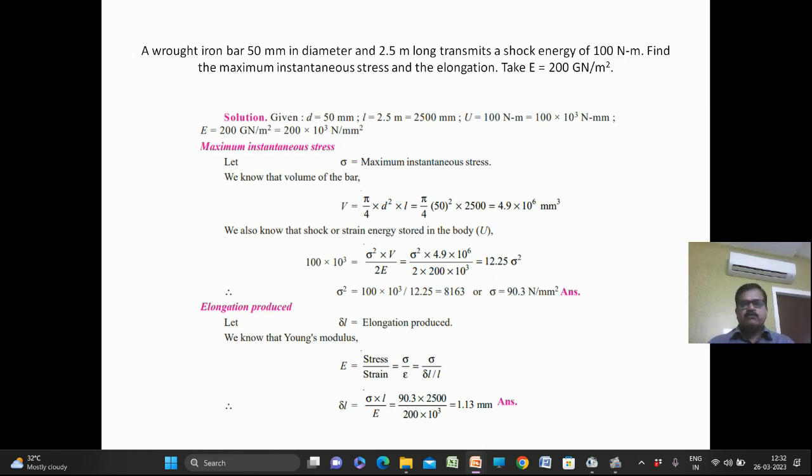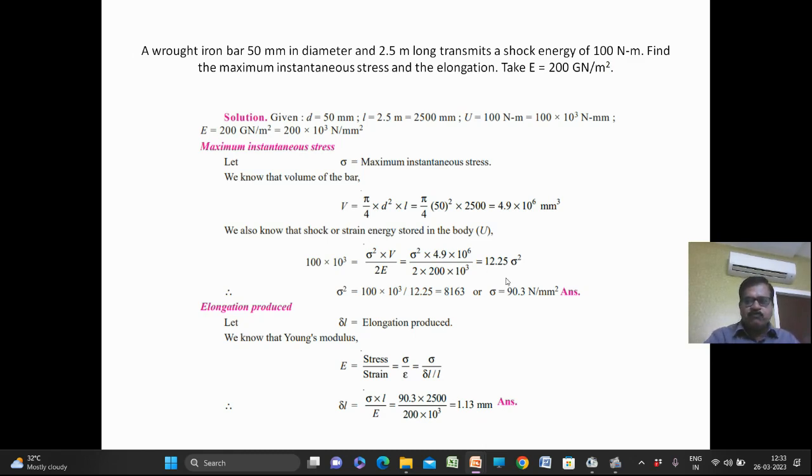Now let us find out the elongation produced. The member is subjected to some amount of force and that results in stress. The member is subjected to load, and the load tries to deform the member, and the resistance offered by the member to the deformation results in stress.